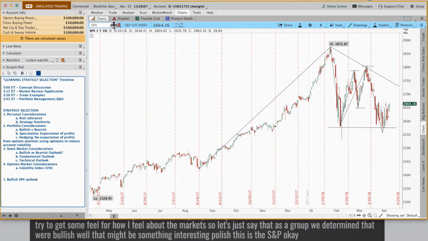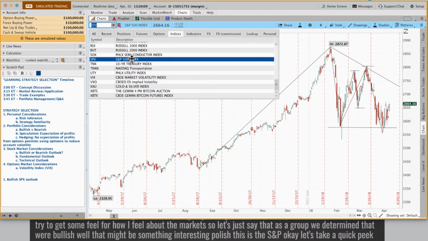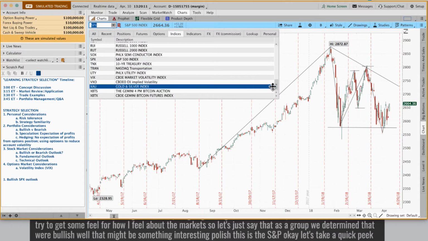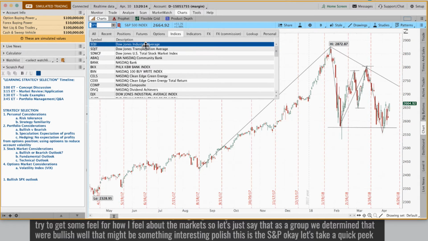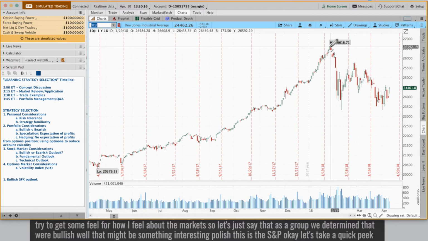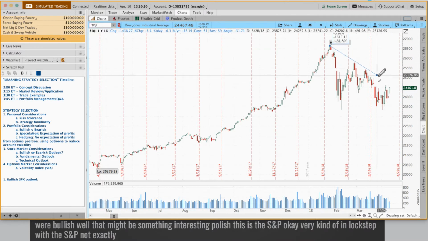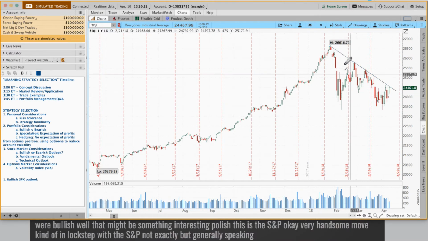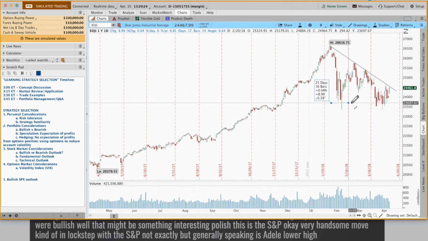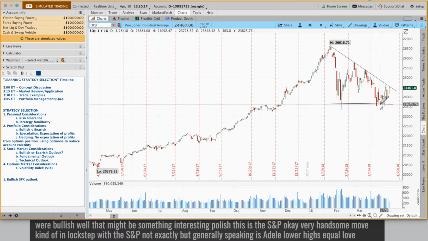Let's take a quick peek at the other markets. Let's look at the other indices. I'm going to flash up here to the Dow. It tends to move kind of in lockstep with the S&P. Not exactly, but generally speaking. Here's the Dow, lower highs, equal lows.